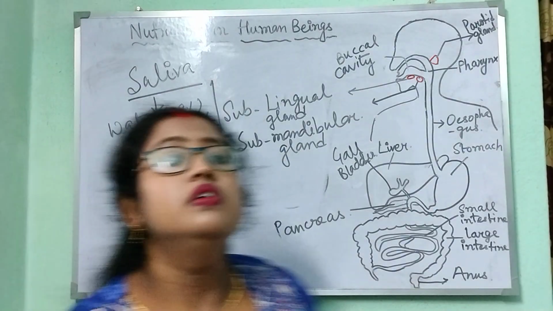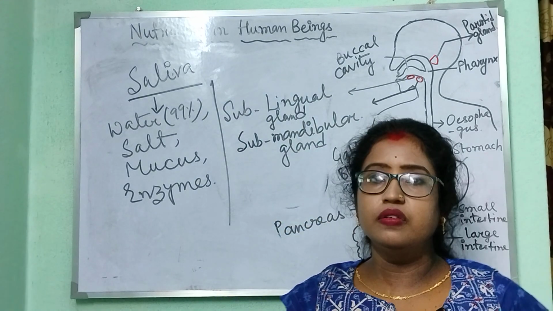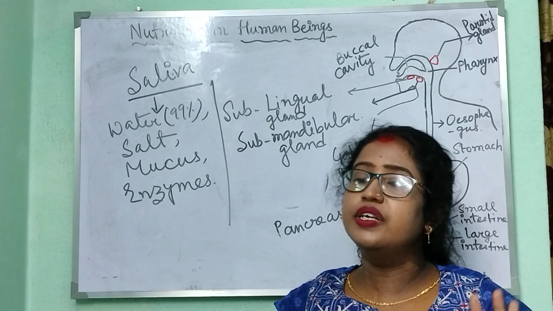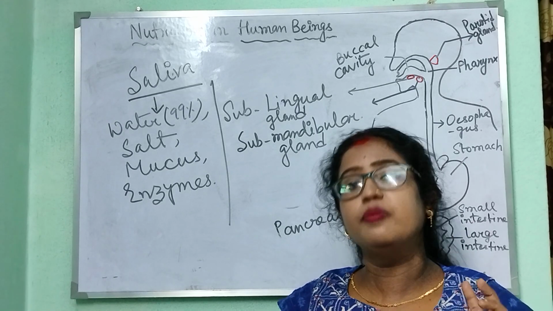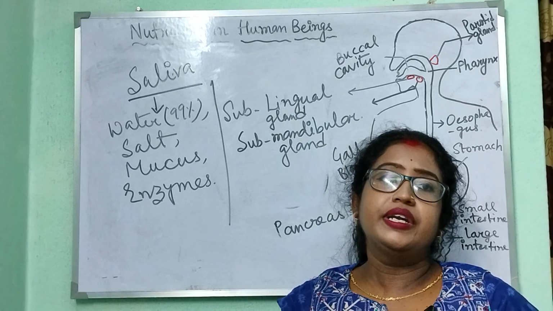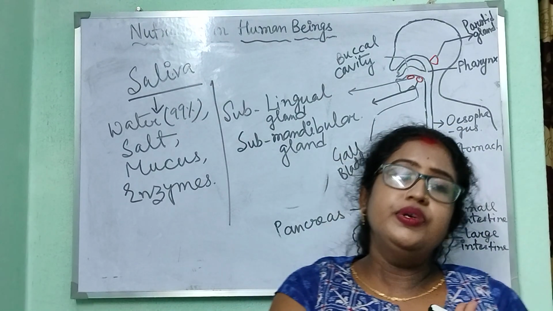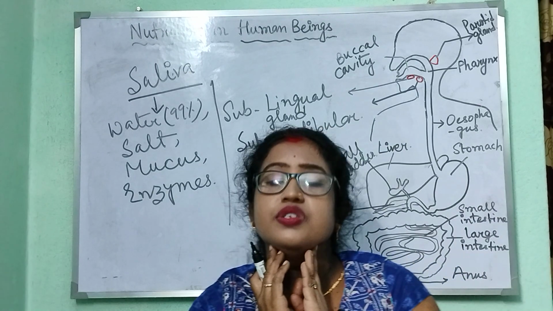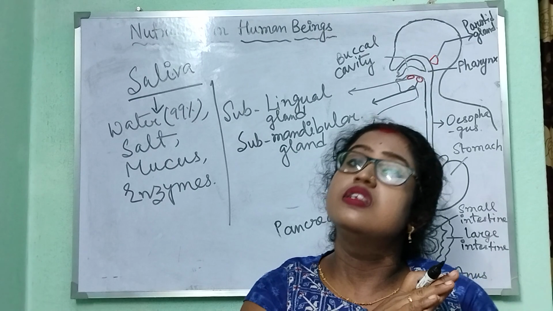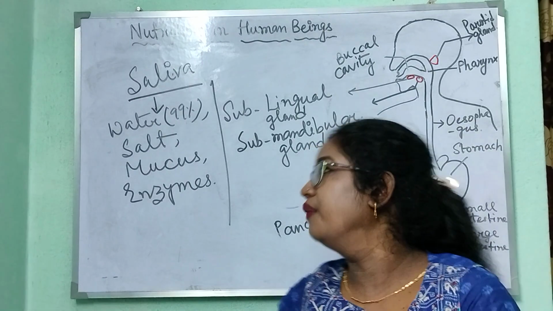Okay, so saliva is a liquid material which is secreted by the three types of salivary gland that we have in our buccal cavity. First one is parotid gland, which is situated just beneath our ears. Next one is submandibular, which is situated just beneath our lower jaw, and the sublingual, which is situated beneath our tongue area.